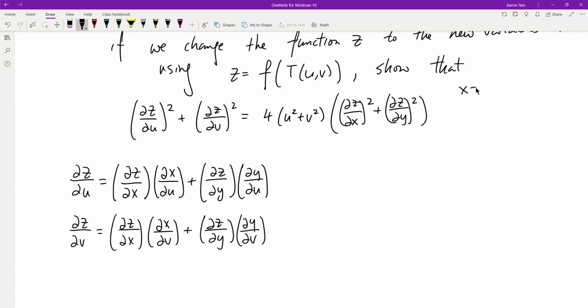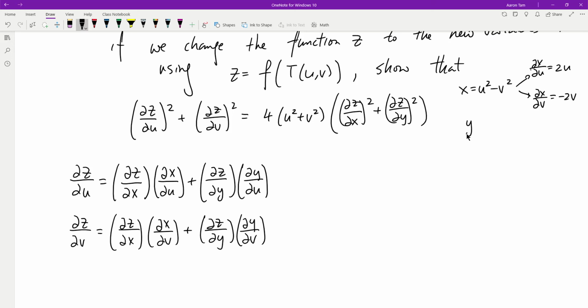If I know that x is equal to u squared minus v squared, then I would know that dx over du would equal 2u, and dx over dv would equal negative 2v.